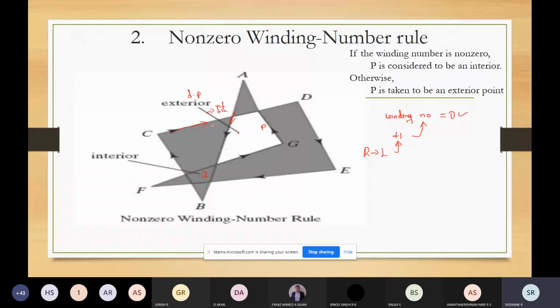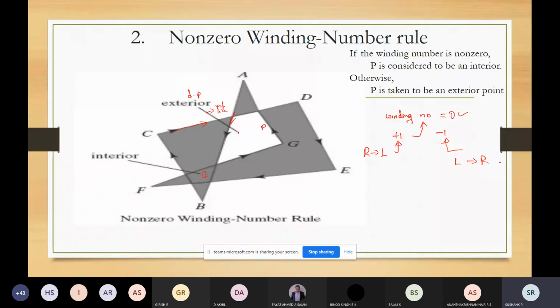So we'll add 1 to the winding number every time a line segment crosses the line in the direction right to left. Again, we will subtract 1 from the winding number if the line segment moves from left to right.